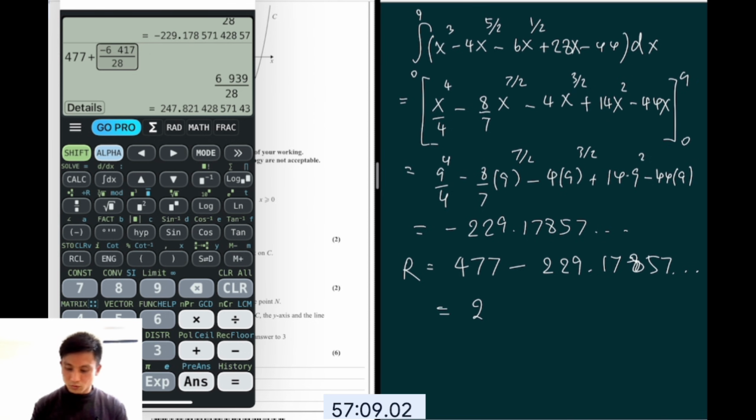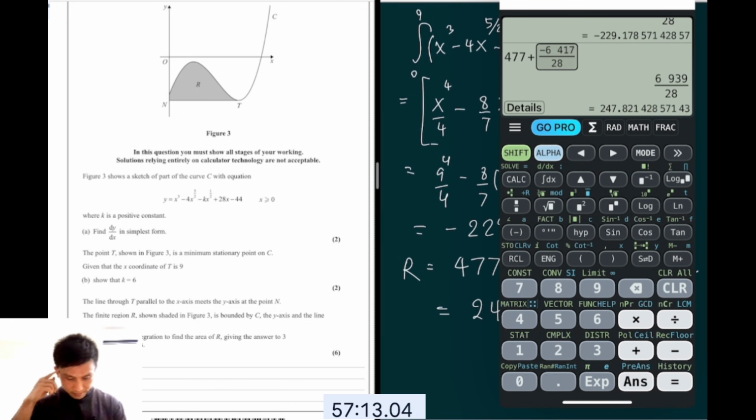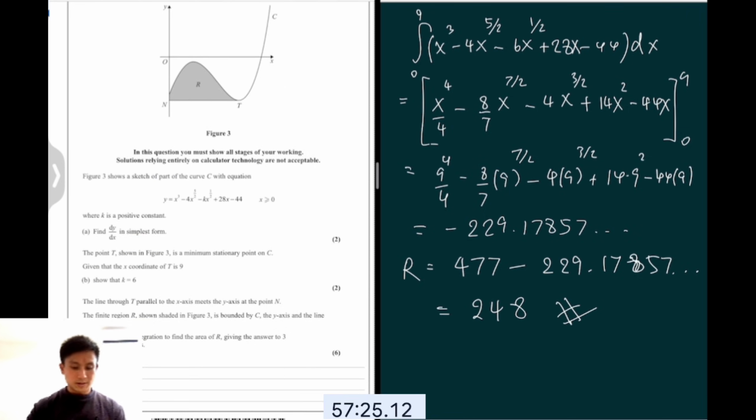Looks fine, 247, and they want it in 3 significant figures. That should be 248 then. There you go. Okay, so that's it.